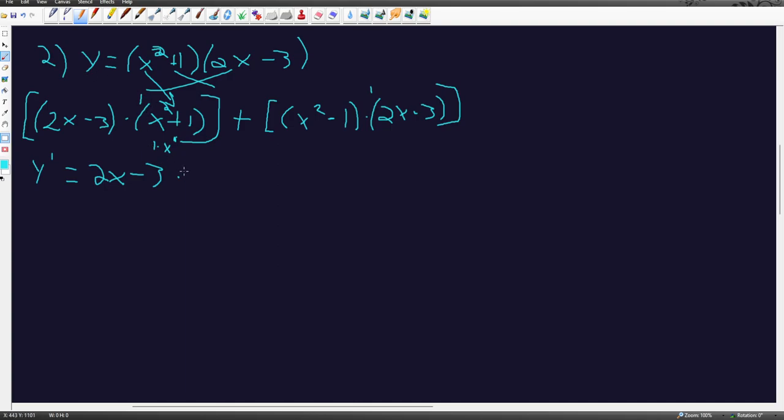It's not showing because, it doesn't really matter if you have a 1 in front of it. But yes, it's times 1 plus the derivative of the second function. Yes, so x squared minus 1 parentheses. So it would be 2.